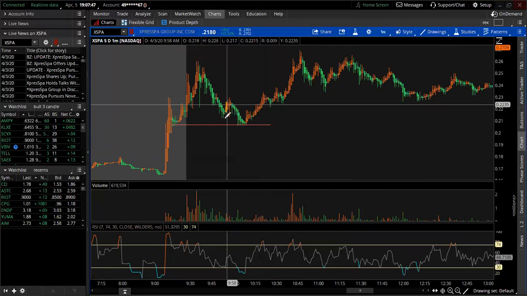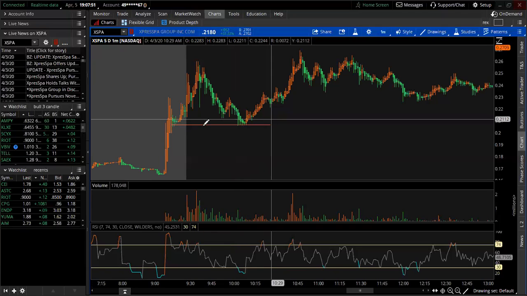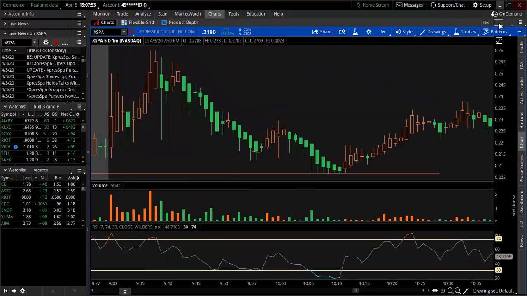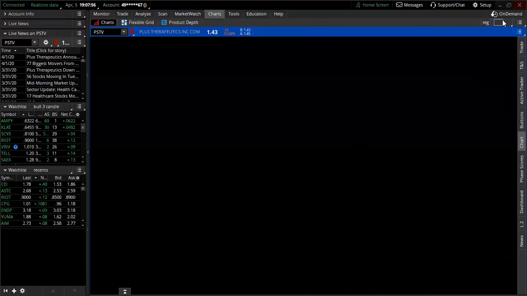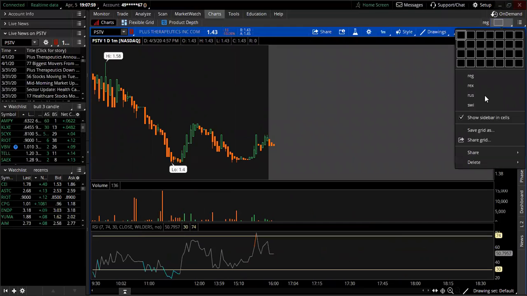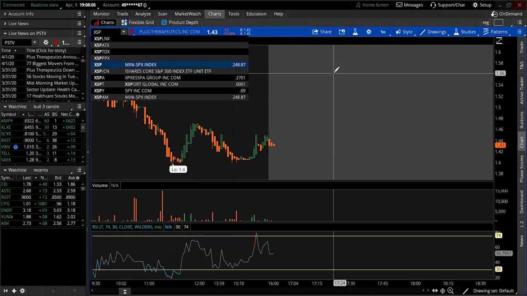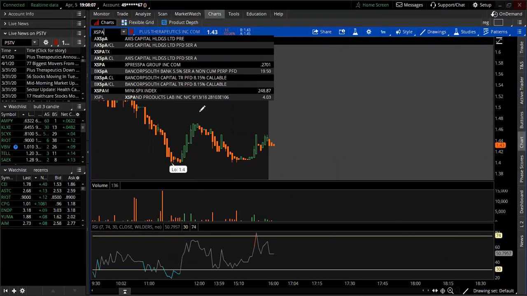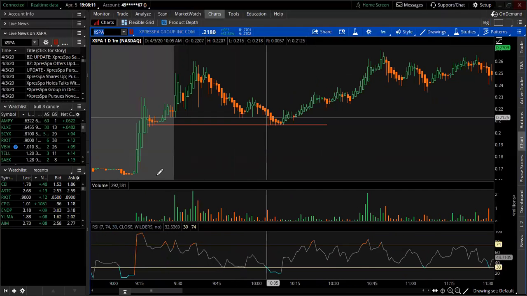It lets me know which way the stock is trending, as you can see here. Oops, let me put it regular so you can see a little better. All right, that looks a little better, because when it was going down, it was showing green.